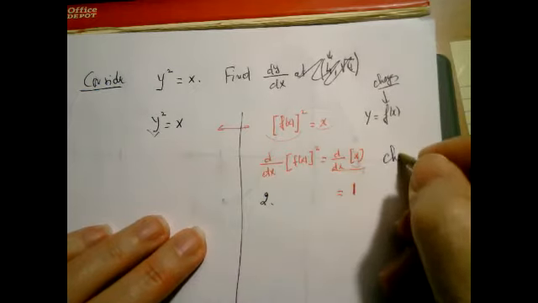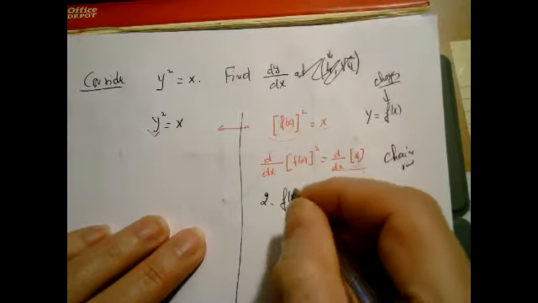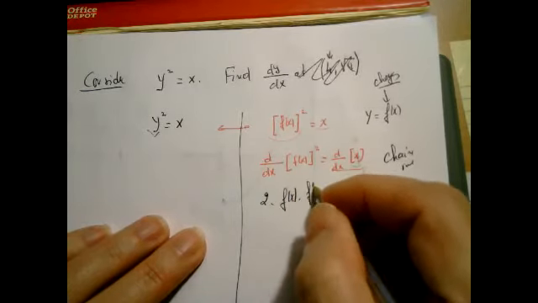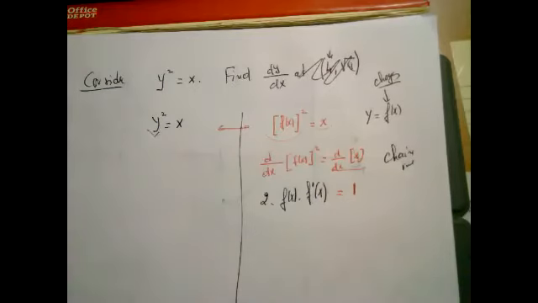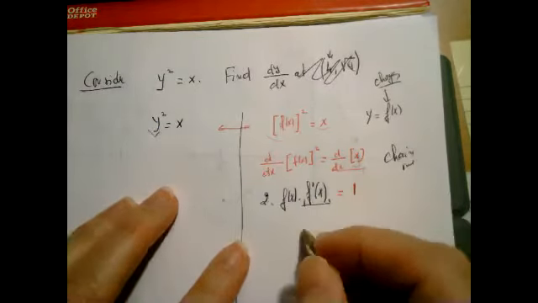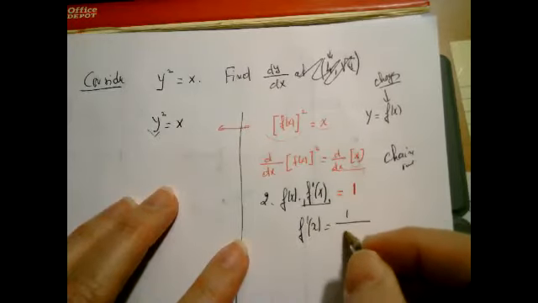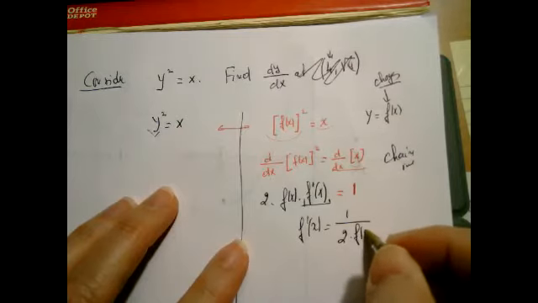So now I'm going to use absolutely the chain rule. It's 2 times f of x times f prime of x, which will give me, if I solve for f prime, that f prime of x is 1 over 2 times f of x.